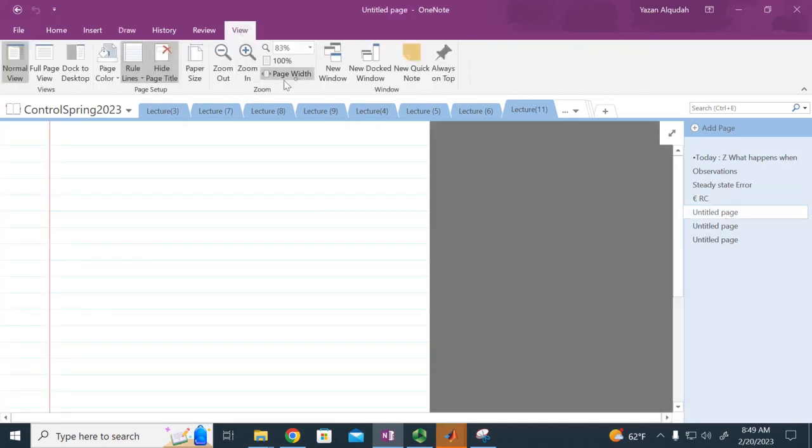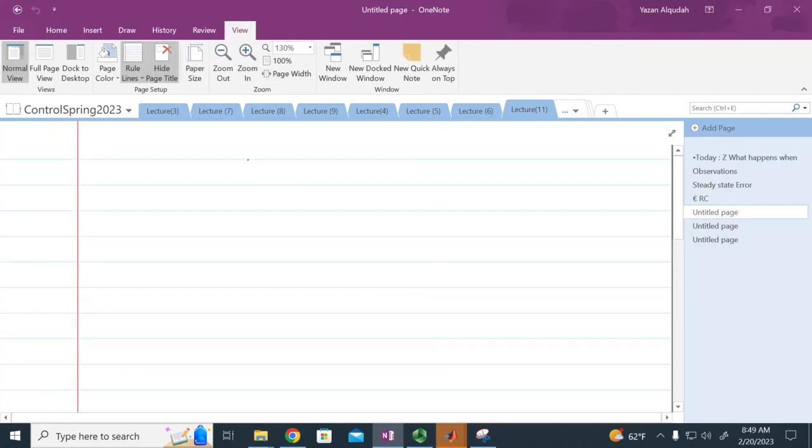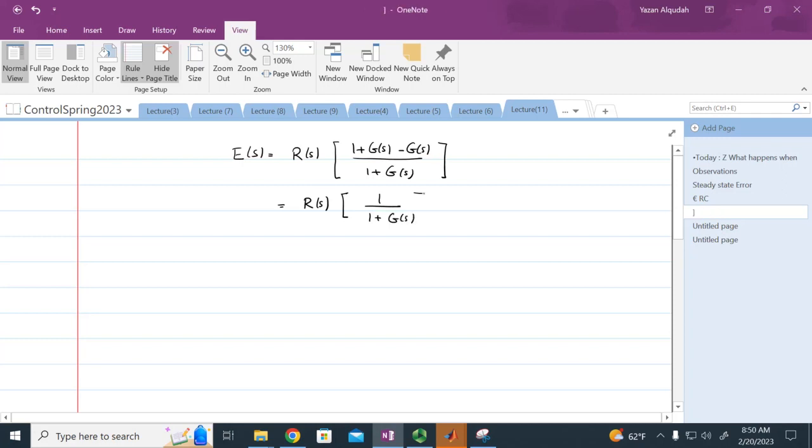And we can write this as E of s equals R of s multiplied by 1 plus G of s over 1 plus G of s minus G of s, which is going to equal R of s multiplied by 1 over 1 plus G of s. Therefore, the error signal E of s over R of s is equal to 1 over 1 plus G of s.